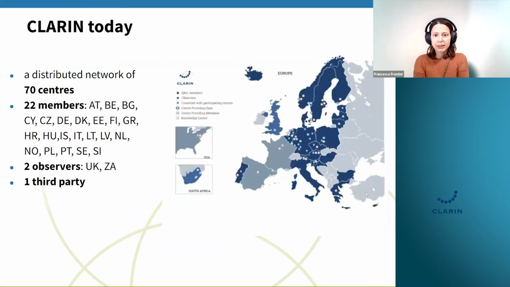This is CLARIN today, a distributed network of over 70 centers with 22 full members. 2 observers, but one observer, UK, is a very special one, not just because it co-organizes today's event, but because it is an observer also for reasons that go beyond the powers that we have, in the sense that it's also for Brexit reasons that this status of special observership is maintained.